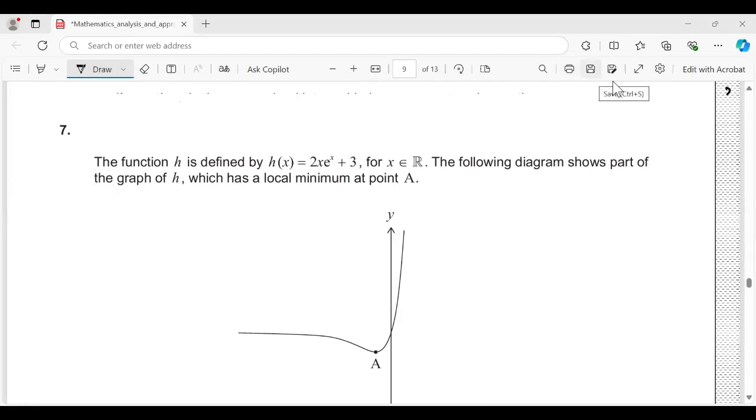Number 7, the function h is defined by h(x) equals 2x e power x plus 3 for x elements of real numbers. The following diagram shows part of the graph of h, which has a local minimum at point A. So point A is a local minimum of this graph.